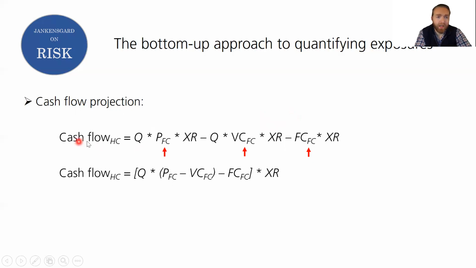We're talking cash flow here, which is revenue net of costs. So we're just putting together the two equations in the previous slides, right? Then it looks something like this, where you have the revenue equation here, and this is your cost equation, and you have three components in there with exposure to the exchange rate.